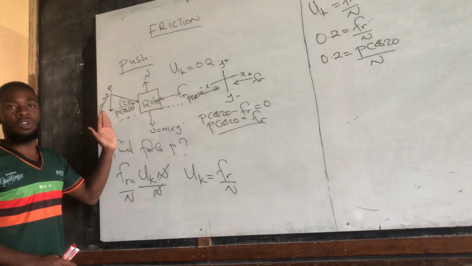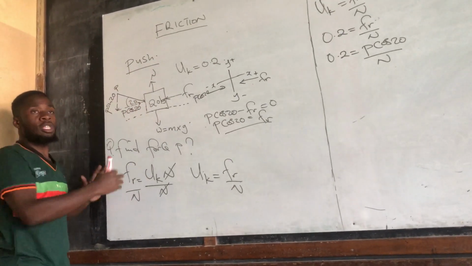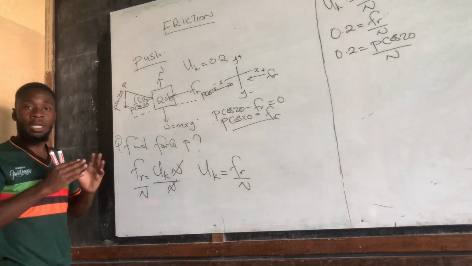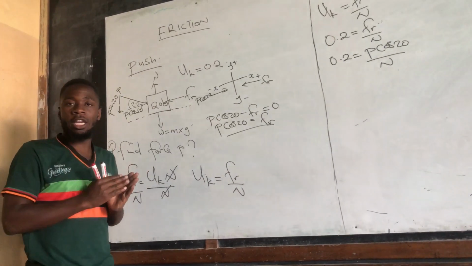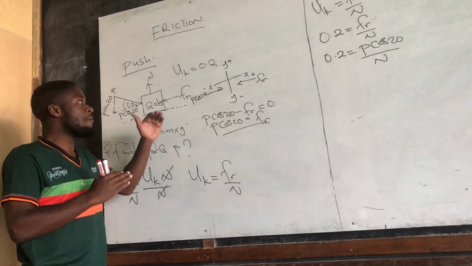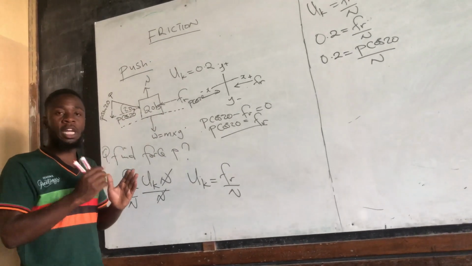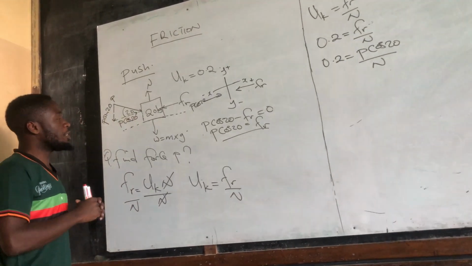In this case, you have this force and this force, they are all in the vertical. And what do you do here? The forces facing the same direction, you add them, then they will equal the other force facing the other direction. It doesn't matter if they are pointing towards the negative y direction. As long as they are facing the same direction, you add them, then they will be equal to the other forces facing the other direction.